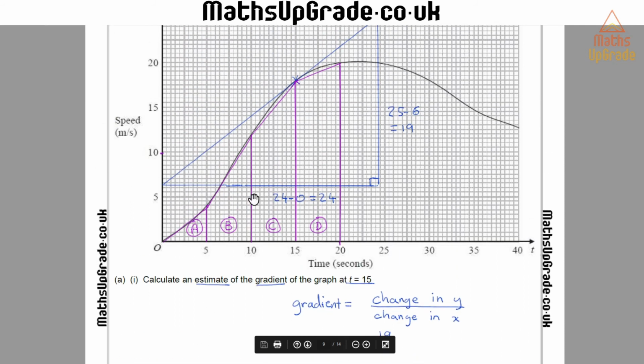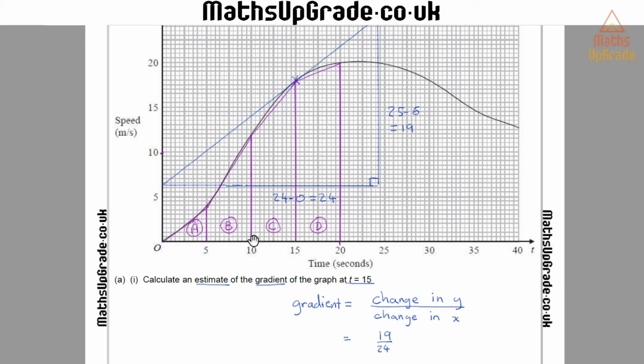Now the second section here is a trapezium. This is why it's called the trapezium rule. We're going to find the area of this trapezium. If you're not sure how to do that, look at the booklet on mathsupgrade.co.uk on areas of shapes, or look at the clip on my YouTube channel. Essentially, you add the two parallel sides, divide by 2, and multiply by the perpendicular distance between them.